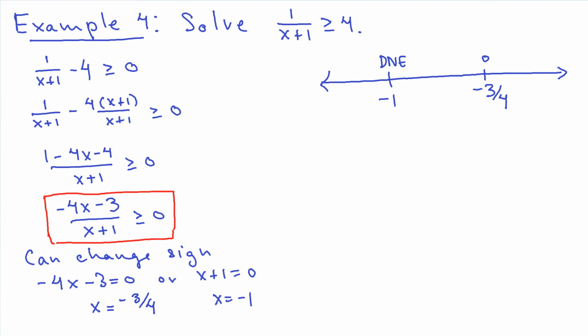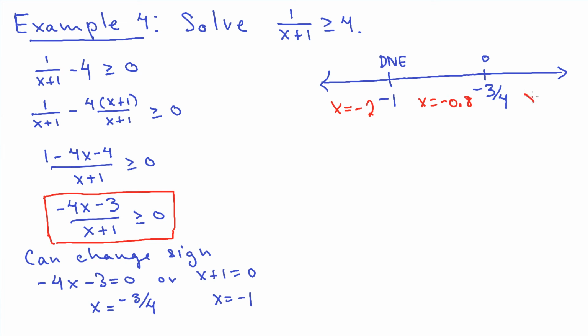Okay, so the next step in our method is to pick a point on each of these intervals to plug in. So I'm going to plug in x equals -2. If you think of -3/4 as negative 0.75, I can plug in negative 0.8.